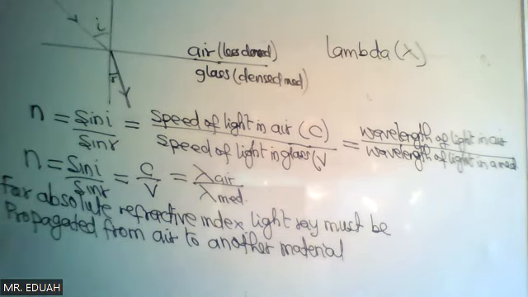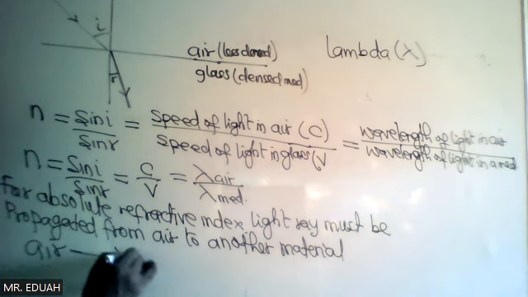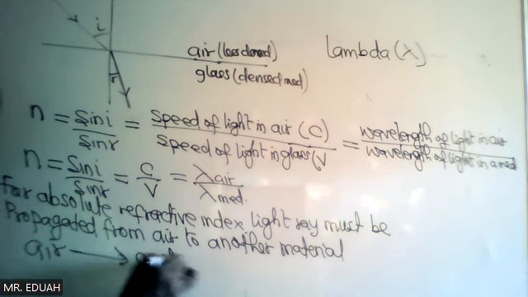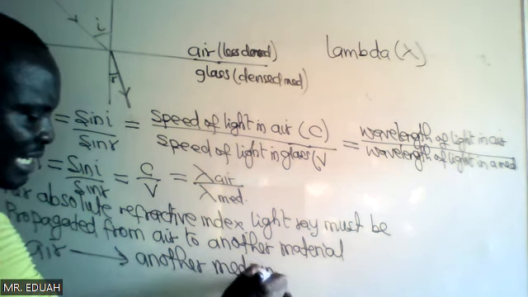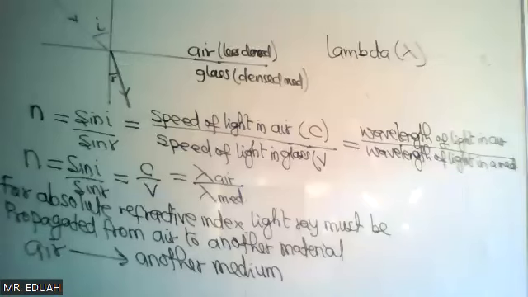So it must strictly be from air to another medium. And that is to talk about absolute refractive index. So if the light is not coming from air to another material, class, you cannot talk about absolute refractive index.